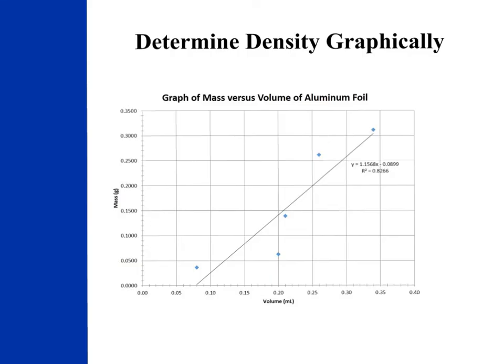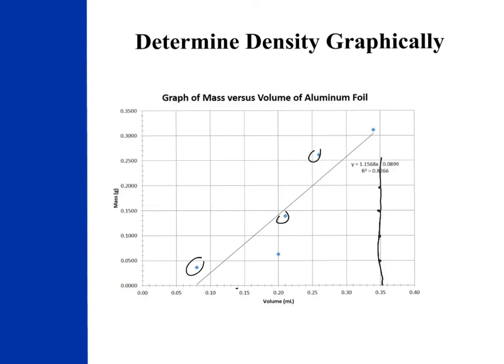There's a couple of things you want to make sure you watch out for when you're in lab. You need to pay attention that you are seeing this change in your mass, so that these numbers are all increasing, and that you have at the same time a change in the volume. If you're not seeing a change in the volume, you're going to end up with a bunch of data points that will form a straight line, and that's not going to be helpful for you.